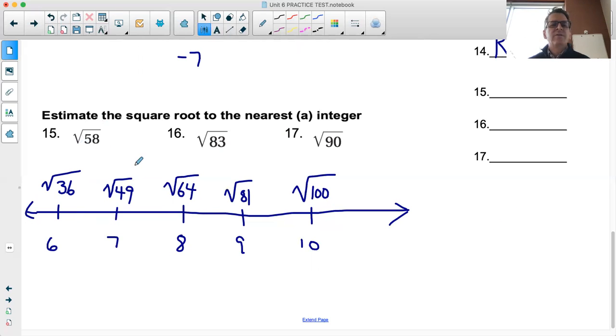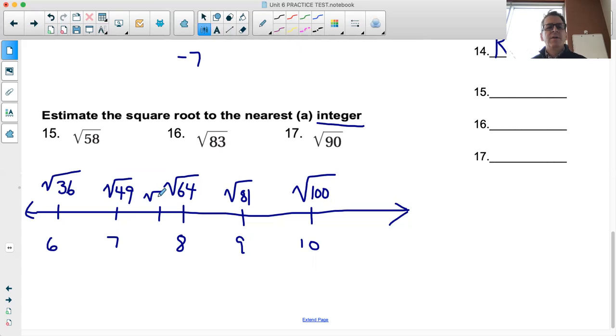But the first one would be the square root of 58. So we're looking to find the nearest integer. The square root of 58 lands right about in here. It is 6 spots away from 64 and 9 spots away from 49.